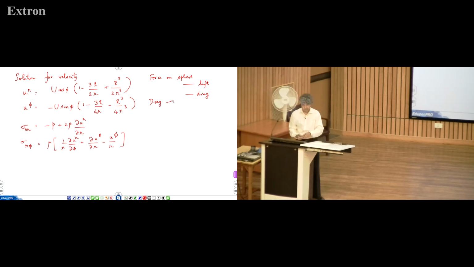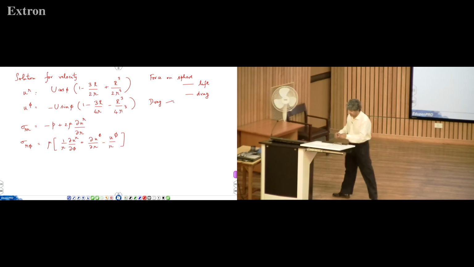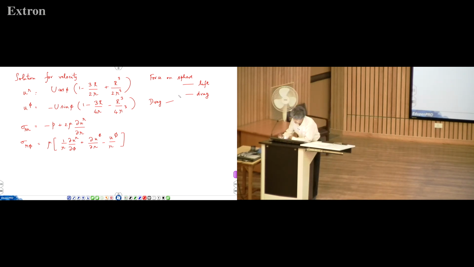Drag will arise from a distribution of normal stresses and a distribution of shear stresses. So the force arising from normal stress is from sigma rr, and shear or tangential from sigma r phi.